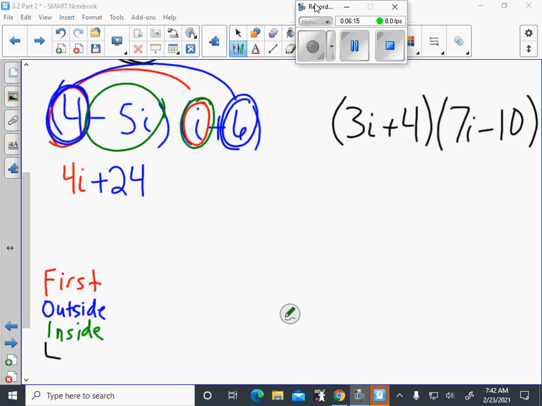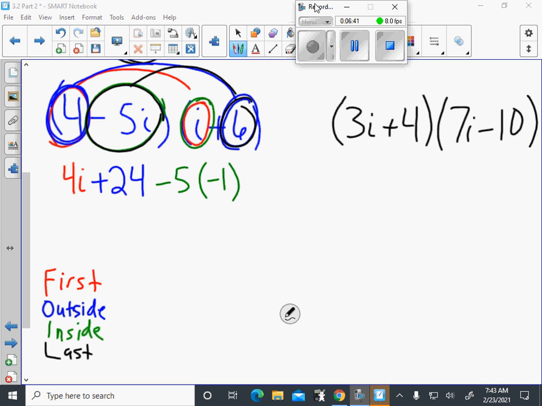What's negative 5i times i? Well, that's like saying negative 5 times, what's i times i? Negative 1. And we'll simplify this in a second. And then what's L? It's last. Okay, the last two. Negative 5i and 6.